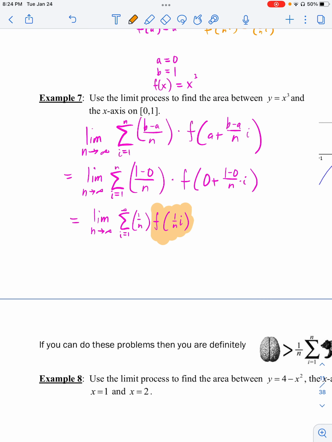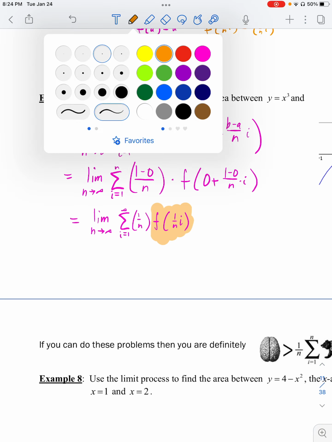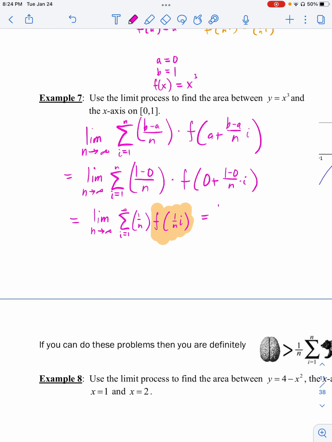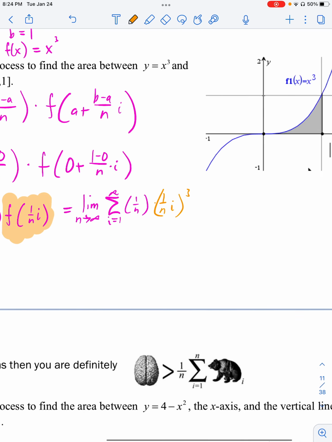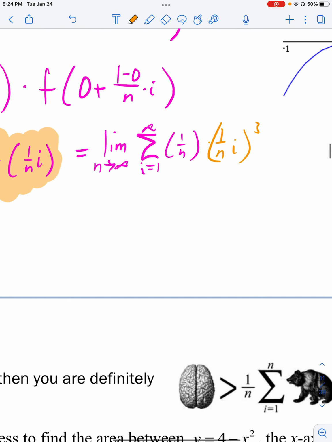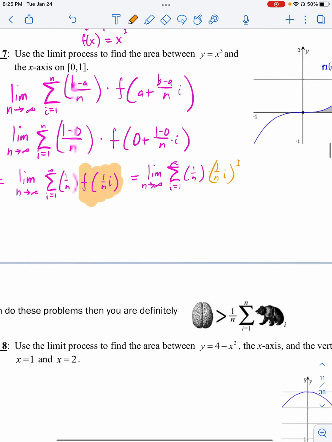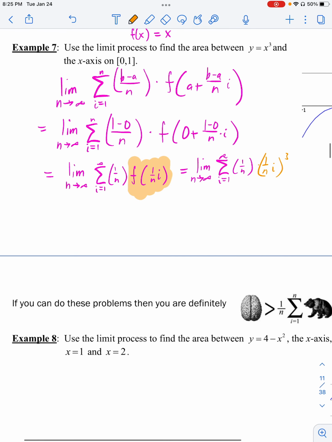So this becomes the limit as n goes to infinity of the sum from i equals 1 to infinity of 1 over n times 1 over n i cubed. Okay, so we're done plugging in all our numbers. Now we can evaluate this sum and limit.